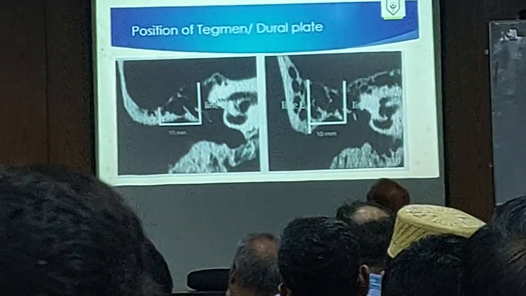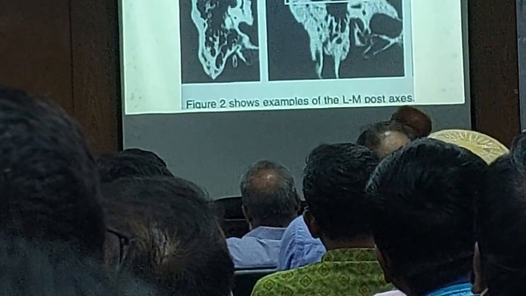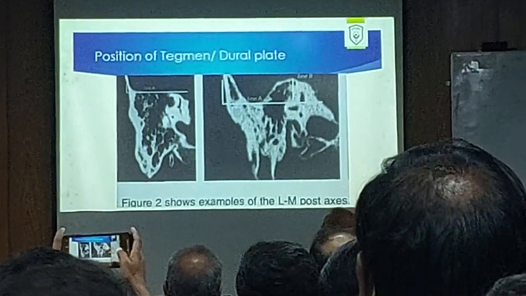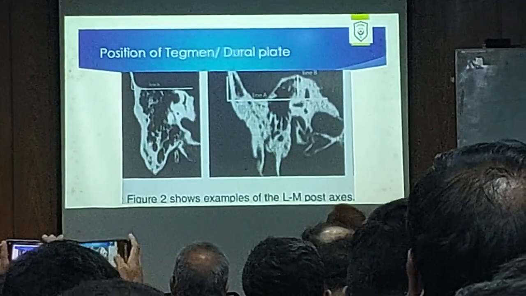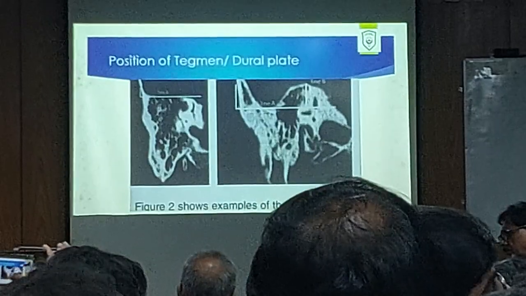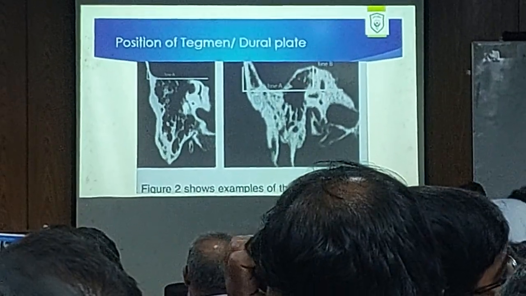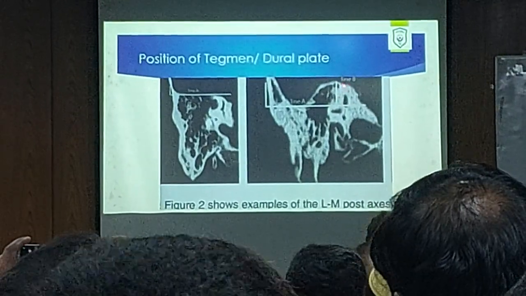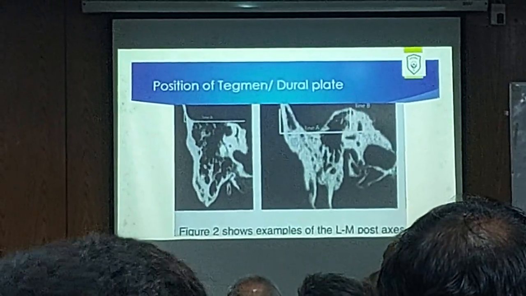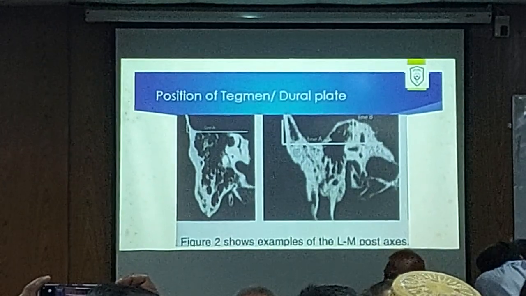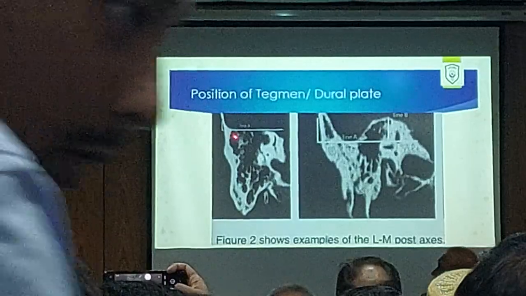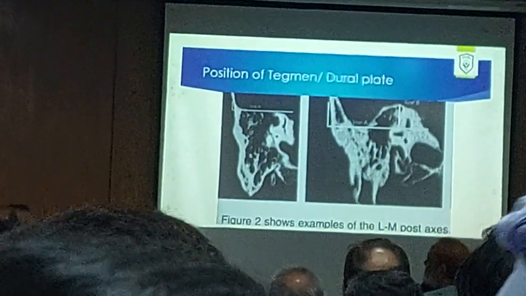Another way we can assess it is that the lateral semicircular canal is a very important landmark for assessing the tegmen plate. So here you can check again. This is the lateral semicircular canal, and this is the arcuate eminence. If there is a transverse line, this is the position where the root of the zygoma is.